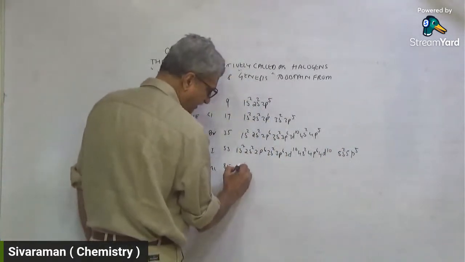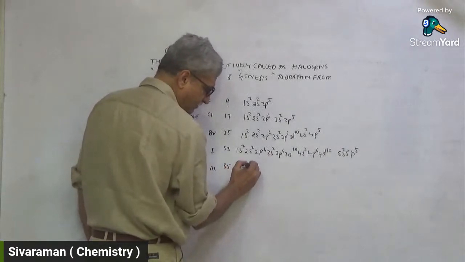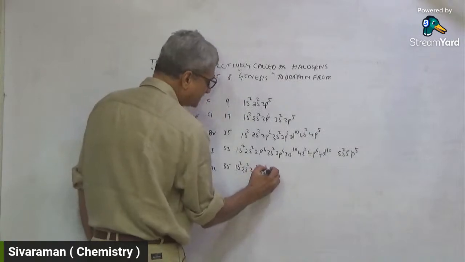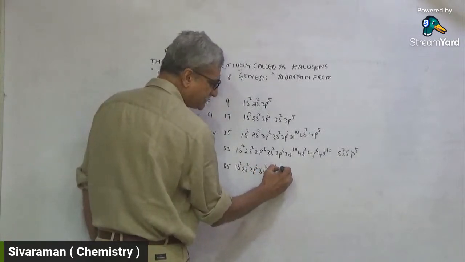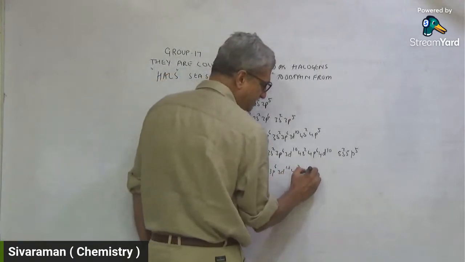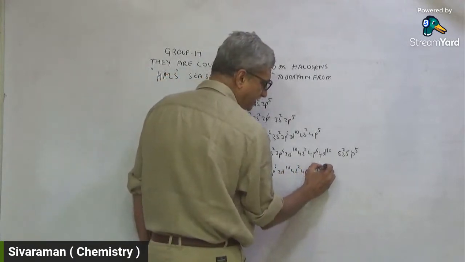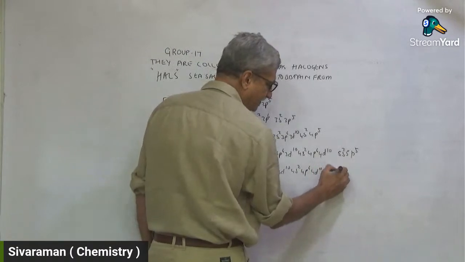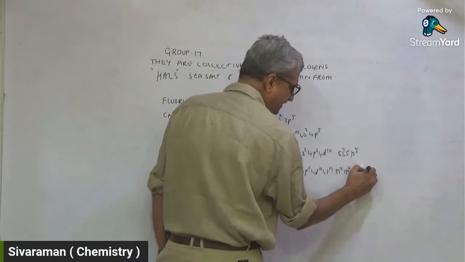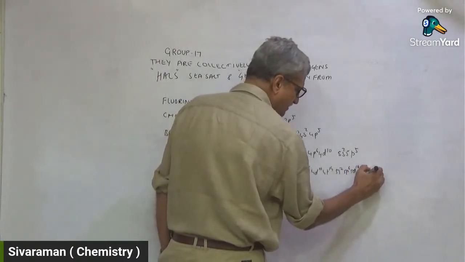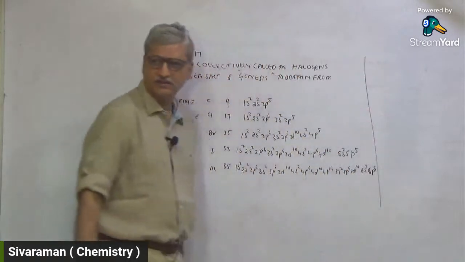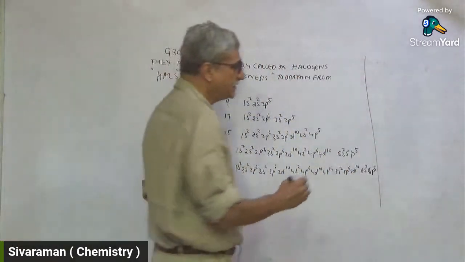Then of course for astatine you will have 1s2, 2s2, 2p6, 3s2, 3p6, 3d10, 4s2, 4p6, 4d10, 4f14, 5s2, 5p6, 5d10, 6s2, 6p5.